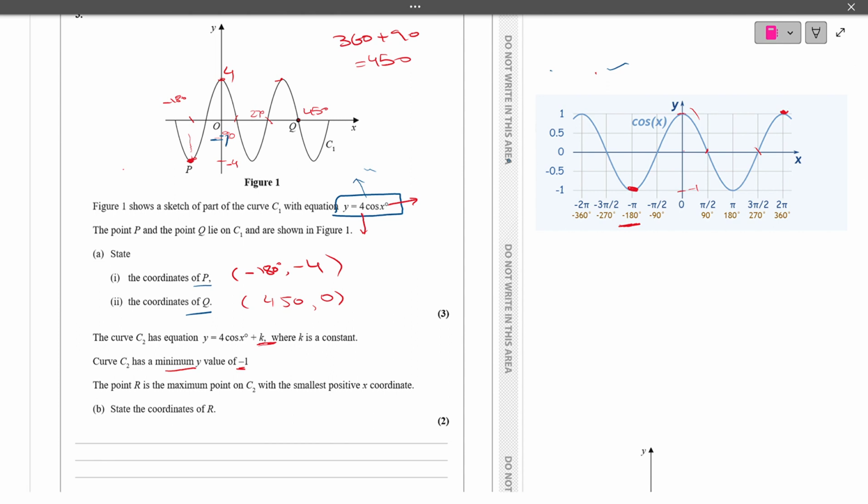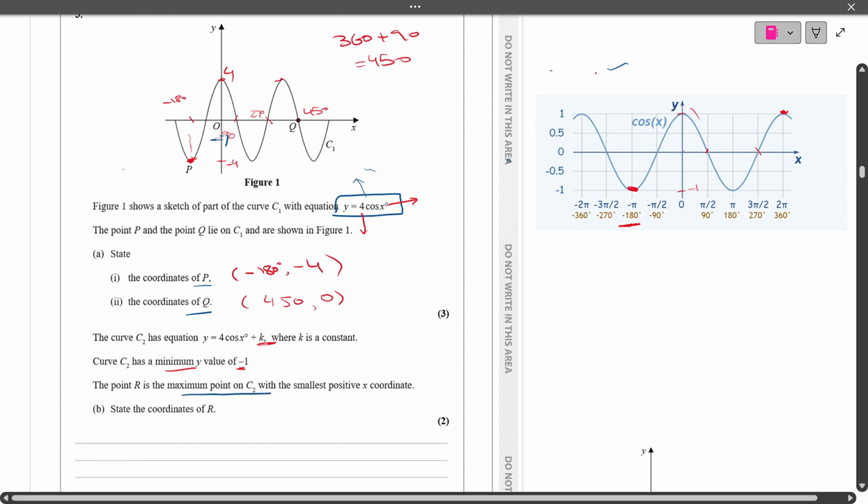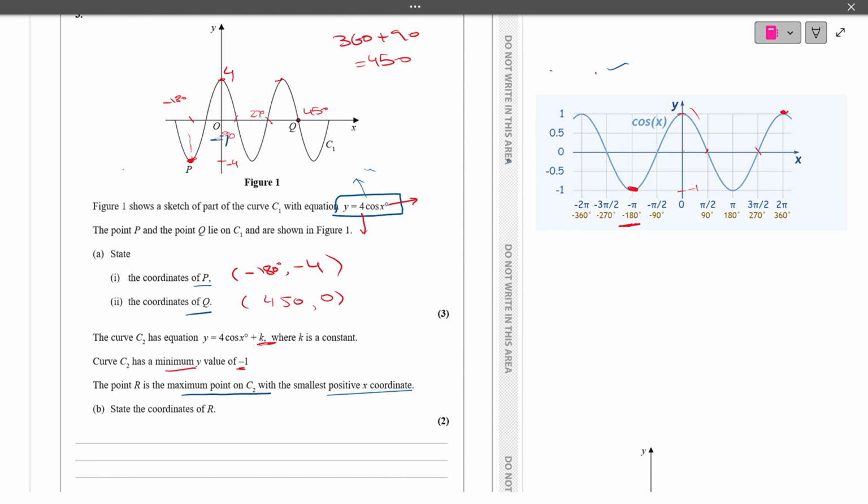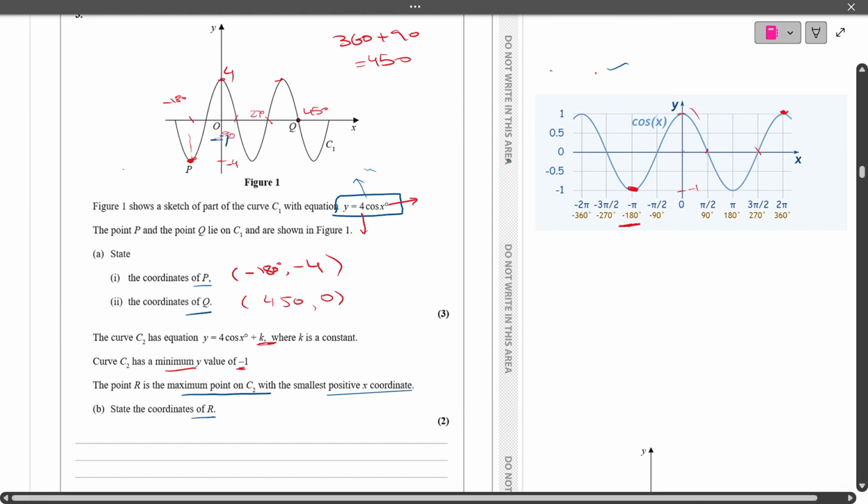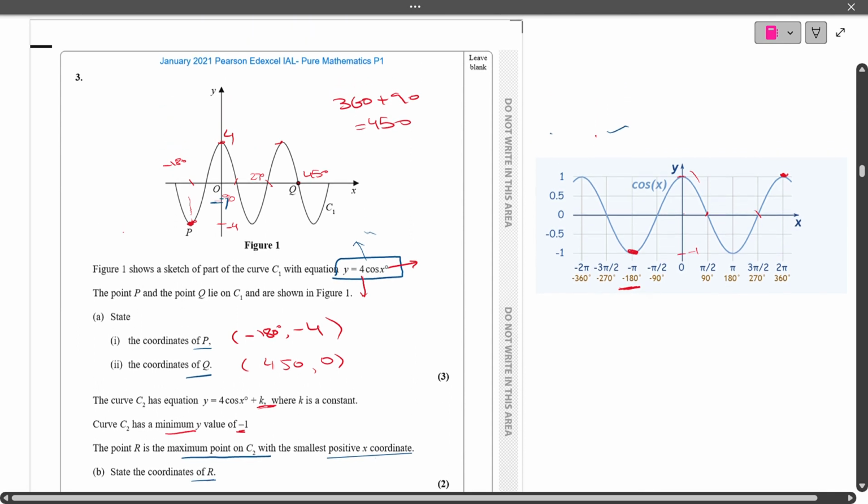They did not ask us to shift it. The point R is the maximum point on C2 with the smallest positive x coordinate. State the coordinates of R.